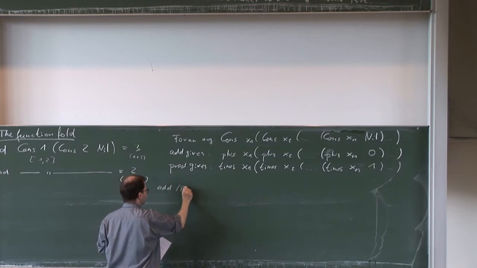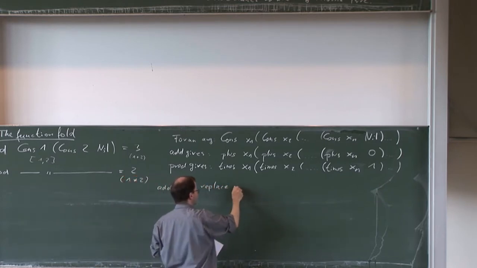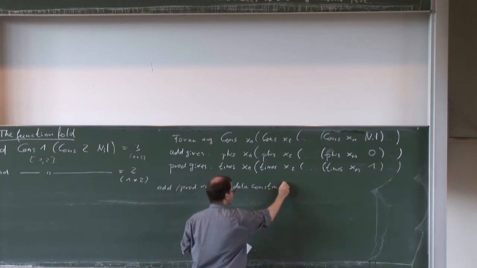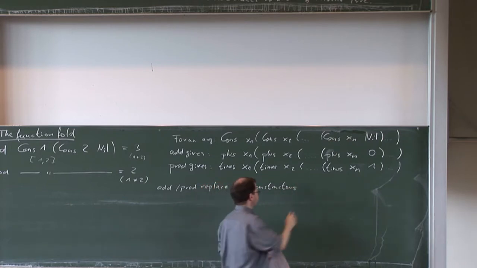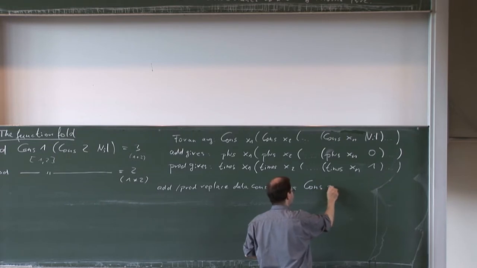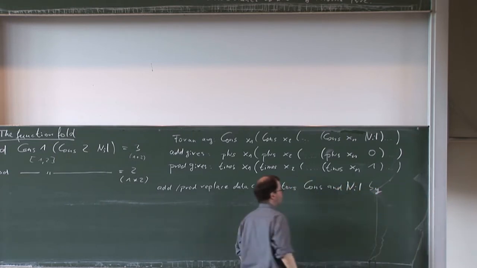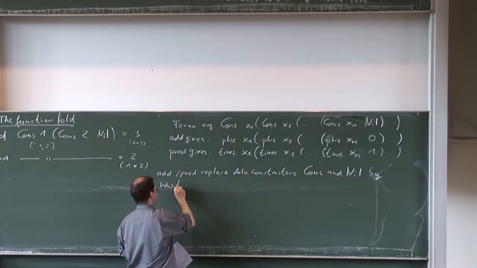So what we can see is add and prod replace the data constructors of our data structure, namely lists, the data constructors cons and nil, by new functions.